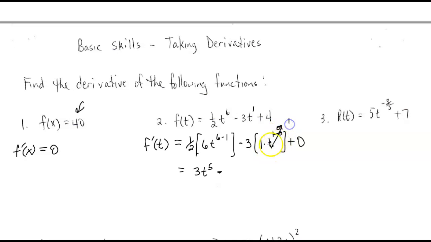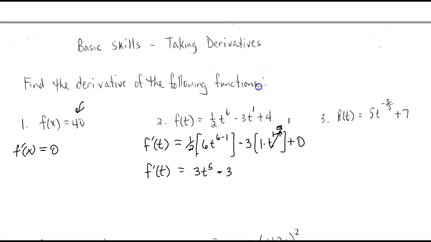So all this is 1, and 1 times 1 is 1. 1 times 3 is 3. Okay? And of course, anything plus 0 is just itself. So our final answer here will be that the derivative of this function is just 3t raised to the 5 minus 3. Okay.